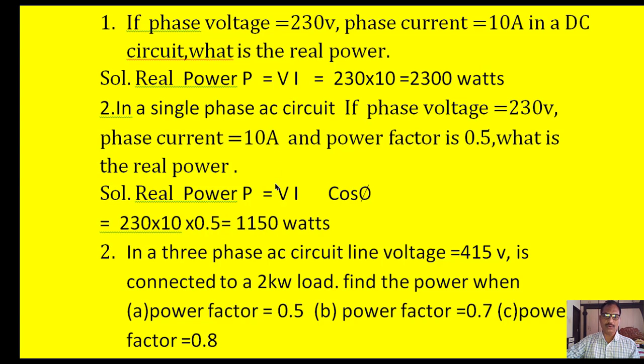So real power P is given by V into I into cos phi. He gave the per phase voltage, the per phase current, and the power factor. Substituting all the values, 230 into 10 into 0.5, we get 1150 watts as the real power consumed in this single phase AC circuit.